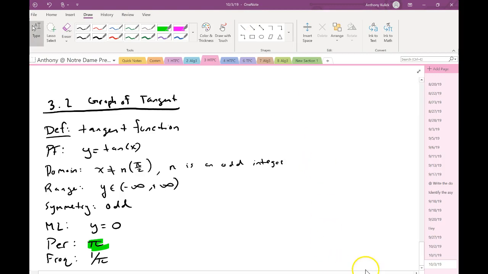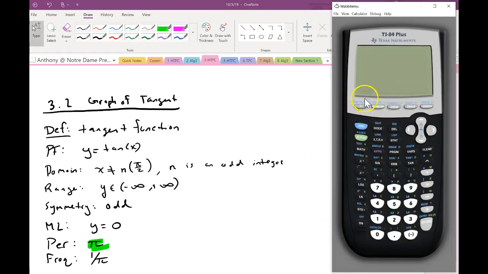Okay, let's just take a look at the graph of this on our calculator, just to get a picture of what this is going to look like here. If I just graph tangent of x, you can call these wacky lines, sure, I guess.